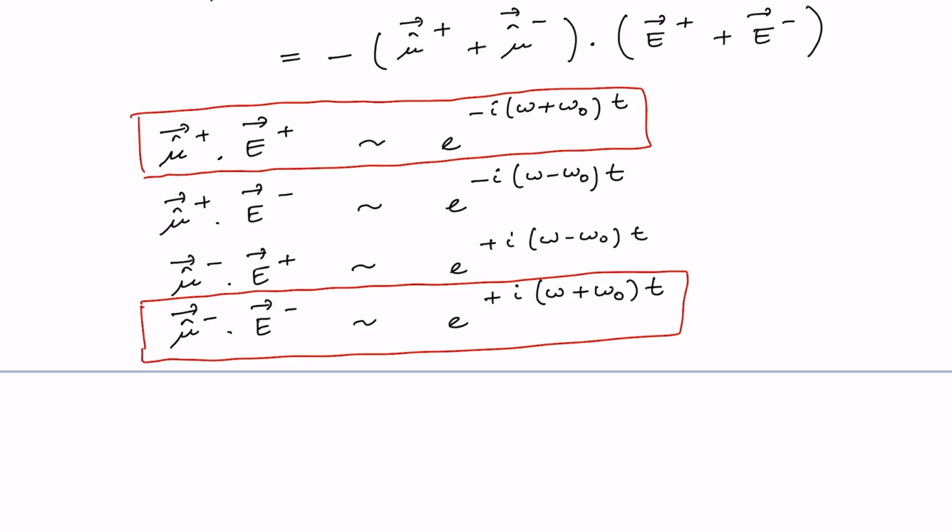On the other hand, these two terms, mu plus E minus and mu minus E plus, are oscillating very slowly. Therefore we can neglect the two terms mu plus E plus and mu minus E minus, because they are oscillating very highly and on average their contribution is going to be 0.